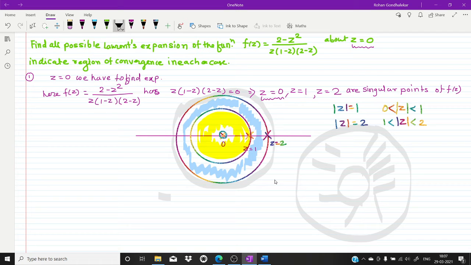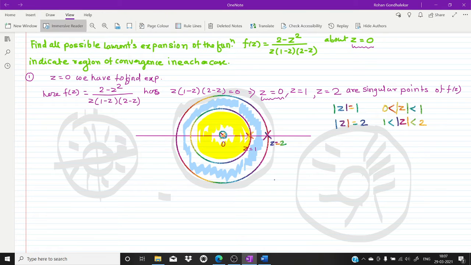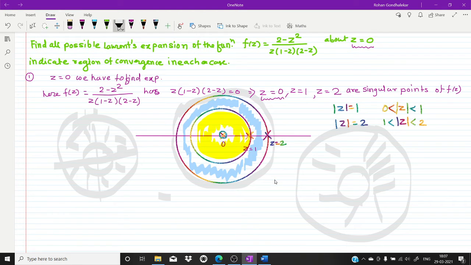That means currently your situation is like this. This is the x-axis, this is the y-axis. This is your circle with radius 2 and the outside portion. So this outside portion is also an annulus region. Yeah, this is very important.